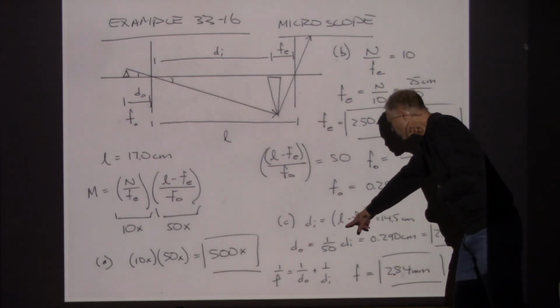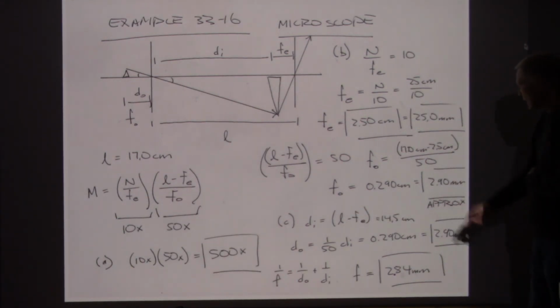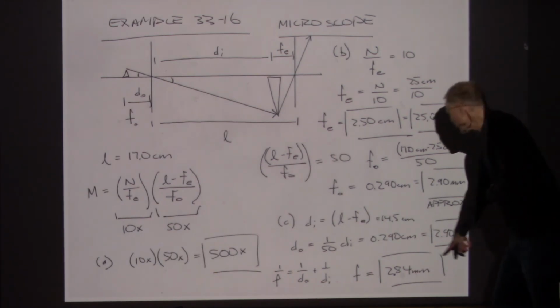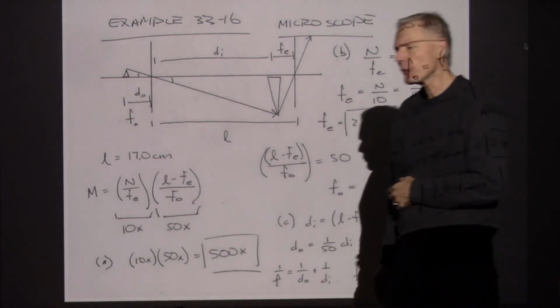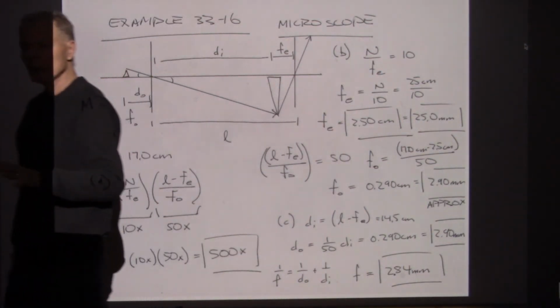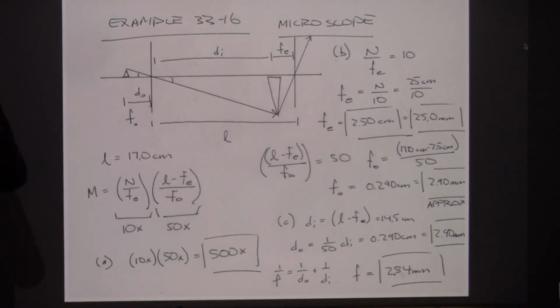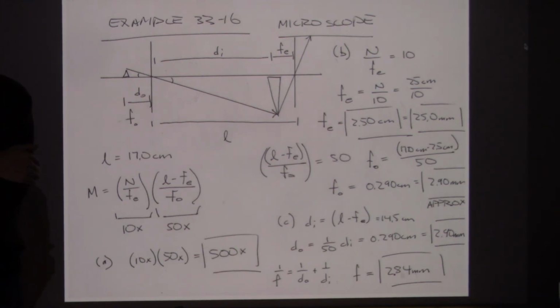So putting these corrected numbers back in and recalculating for the focal length, I get 2.84. So not too different, right? The focal length is at 2.84 millimeters, and the sample needs to be placed just outside at 2.90 millimeters. So what is that, 0.06 of a millimeter?